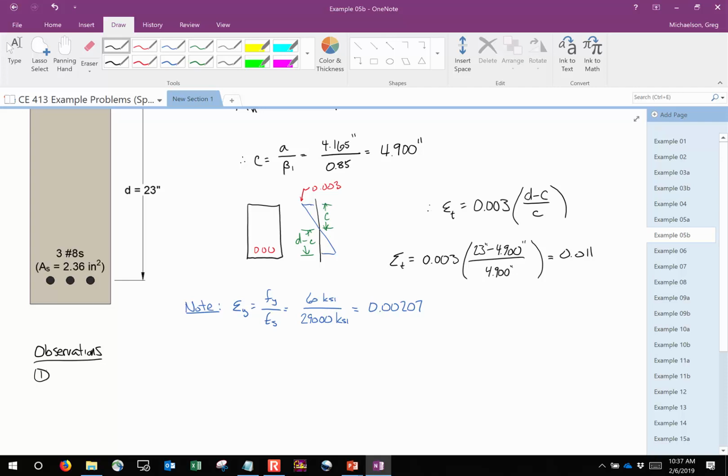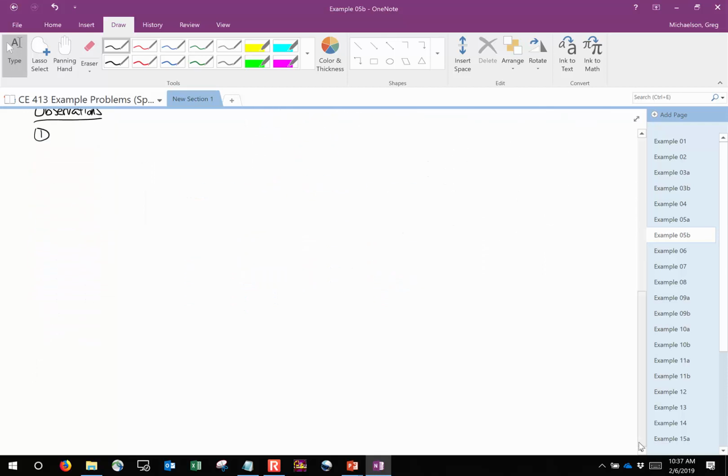So the assumption that the steel yielded was valid.